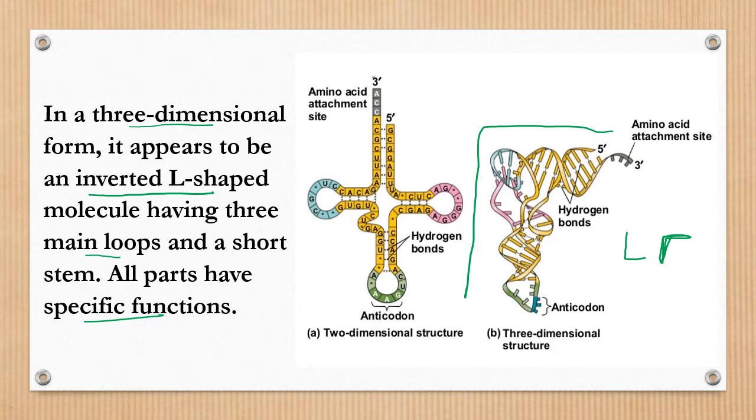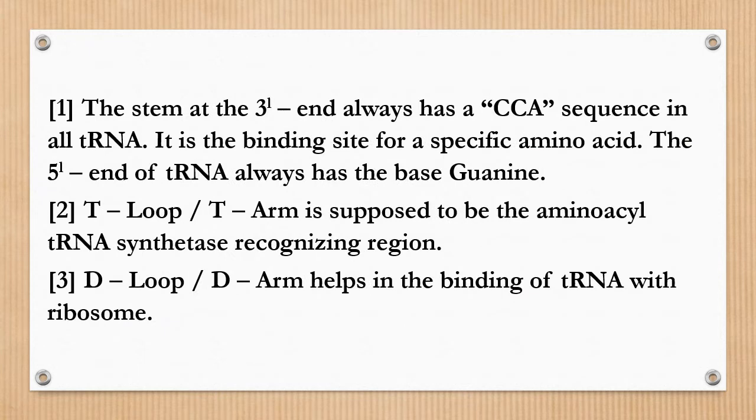As we said, one is the T loop, another is the D loop, and the anticodon loop. All the parts have specific functions.